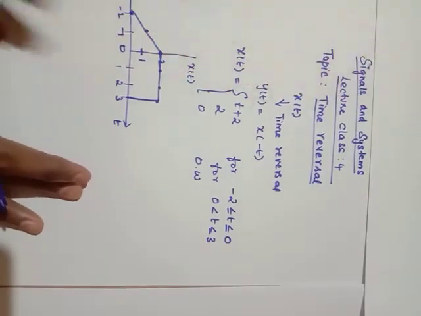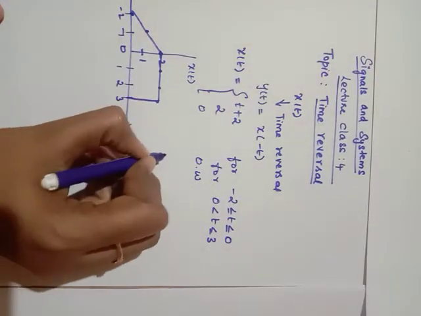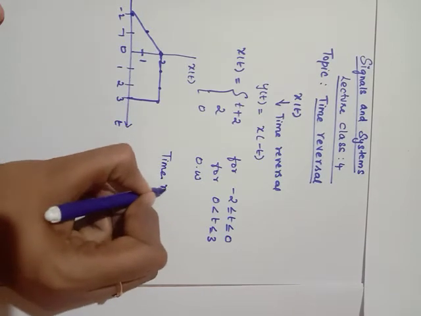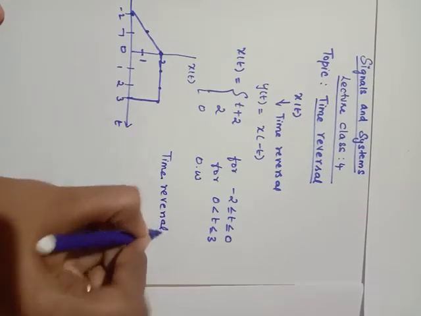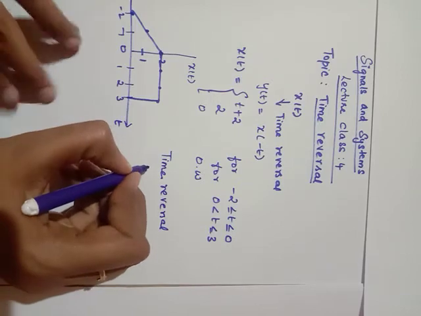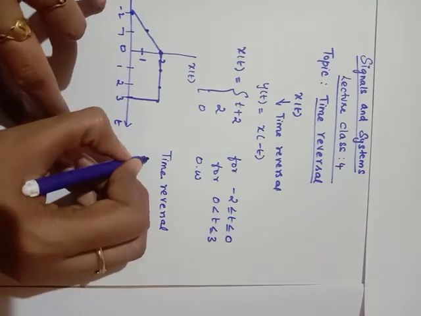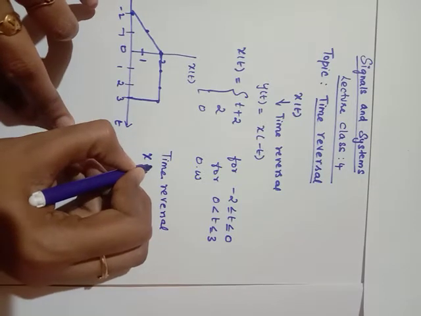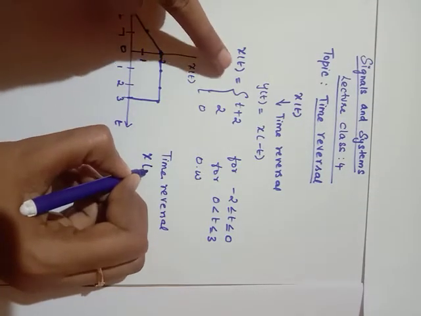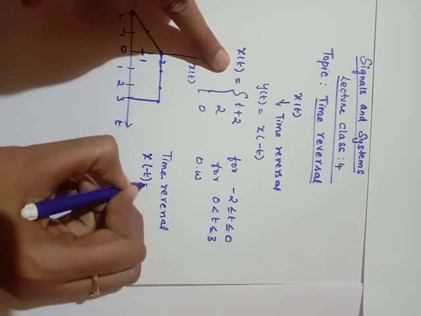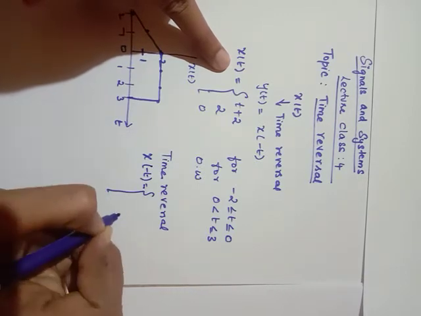So what is time reversal? The time reversal is nothing but wherever you have t, there you need to substitute minus t, giving x of minus t. So here I am going to consider the same equation. Wherever I have t, I replace it by minus t.